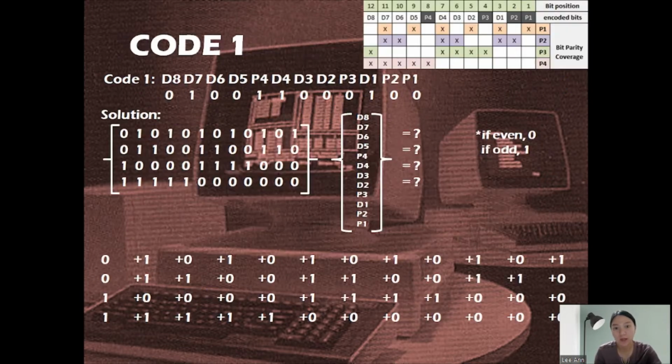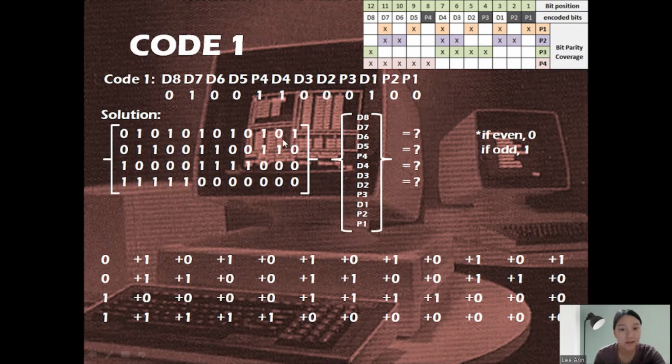So for our first code, or code 1, which is 010011000100, we're going to multiply it to the encoded value from our table. So the equivalent of our table in here, which is 0011, and respectively is seen in this matrix.